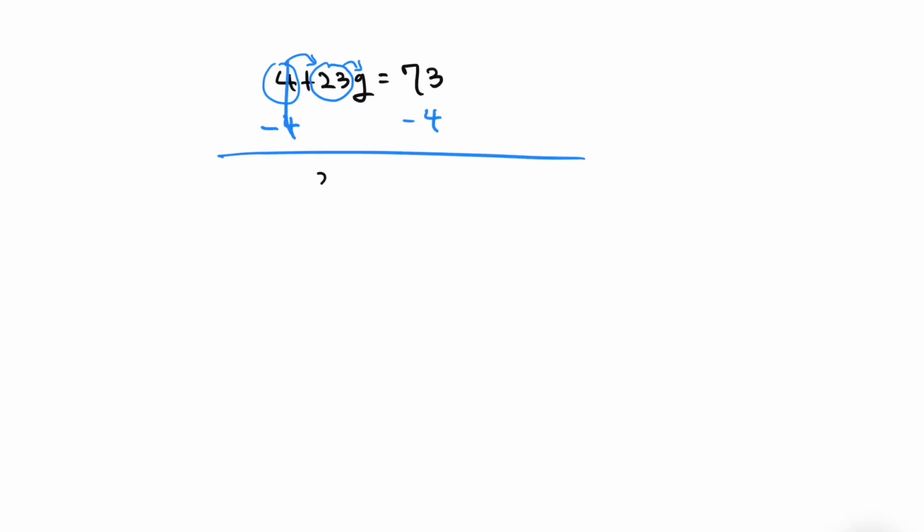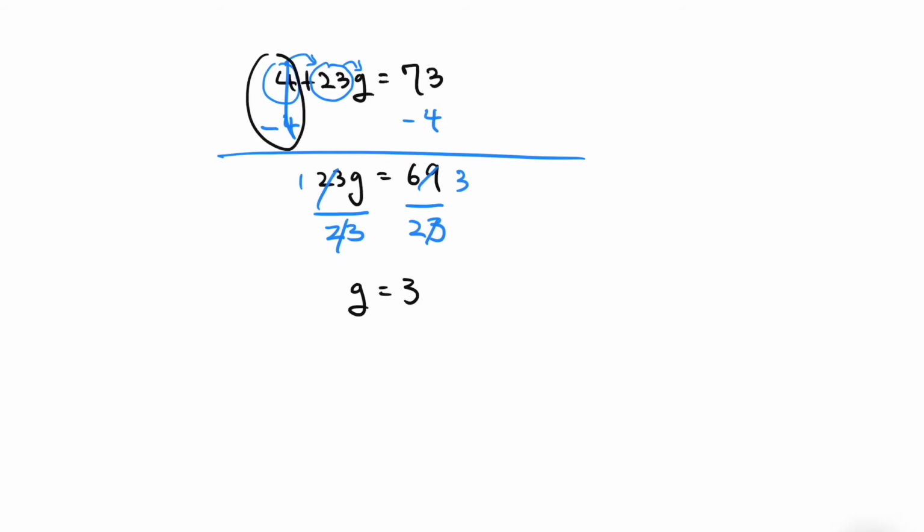So we have 23g equals 69. What do we do now? Division of 23. Because that is the opposite of multiplication of 23. So this becomes 1 over 1. And 69 divided by 23 is actually 3. That makes it g is equal to 3. Okay? Do the opposite of addition first, and then we divide afterwards.